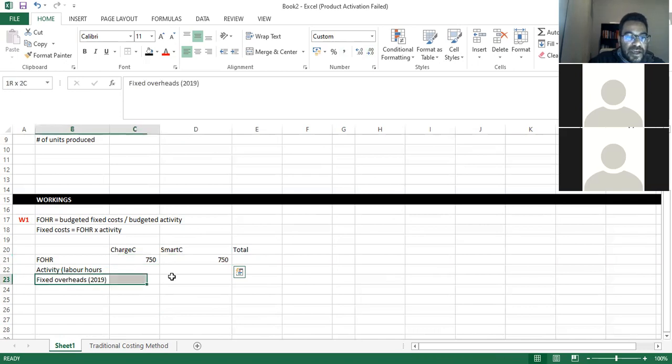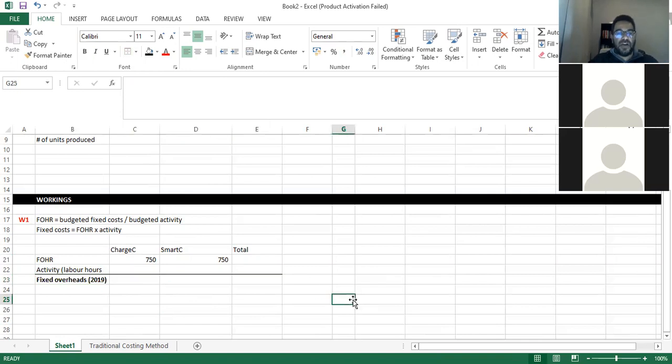We're going to need to get our activity, our labor hours. So remember, we want total labor hours. We know it's 4 hours and 8 hours, but that is per unit. We need it on a total level. So we need total units produced. Now remember, in one of the notes, I think note 4 or note 3, they told us that the company usually doesn't have opening and closing inventory.